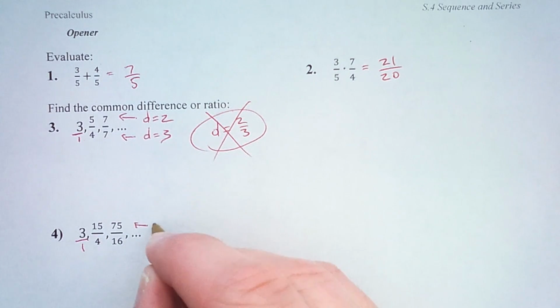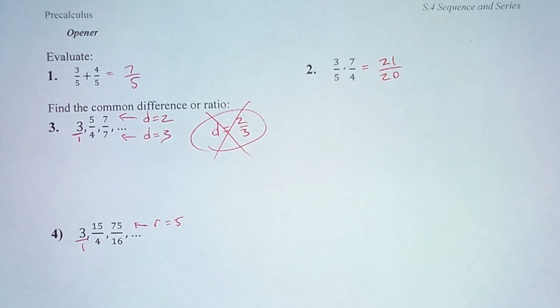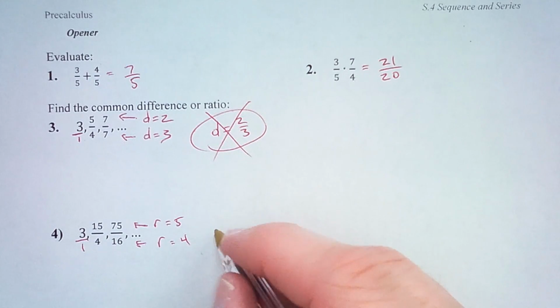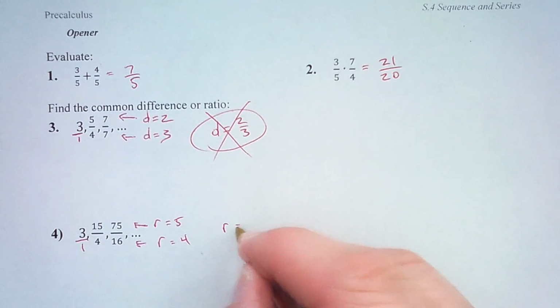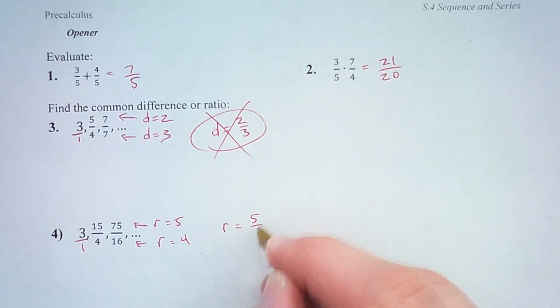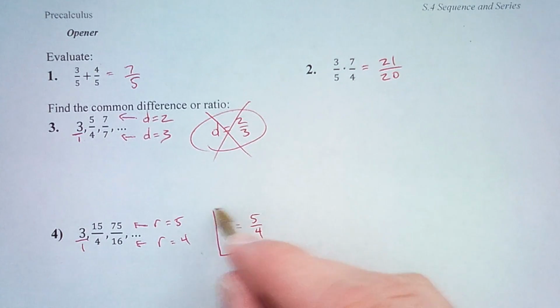So in the numerator, I've got a common ratio of 5. In the denominator, 1, 4, 16, 1 times 4 is 4, times 4 is 16. So I've got a common ratio of 4 in the denominator. Now, because of the way numbers multiply, I can say, and I should say, the common ratio is 5/4.